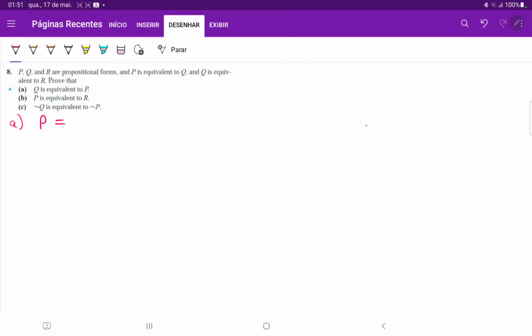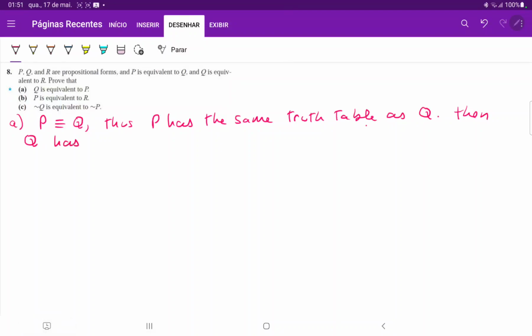P is equivalent to Q. Thus, P has the same truth table as Q. Then Q has the same truth table.